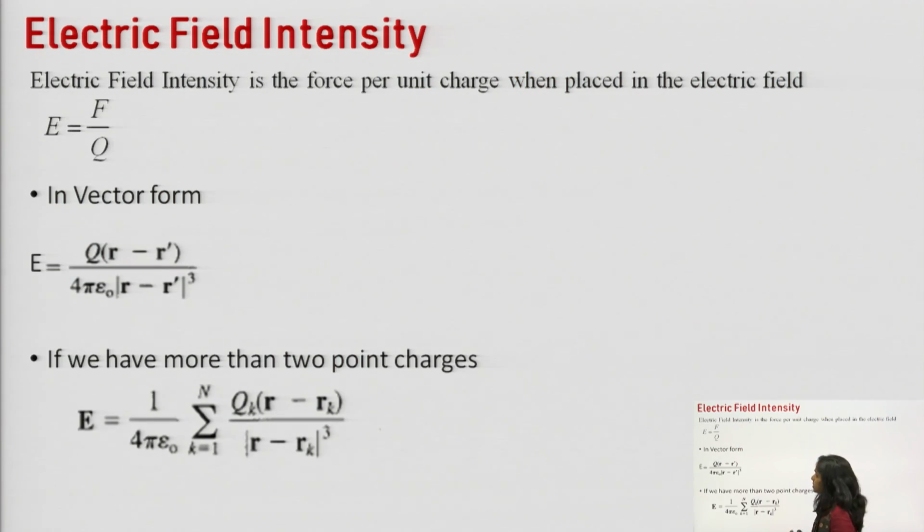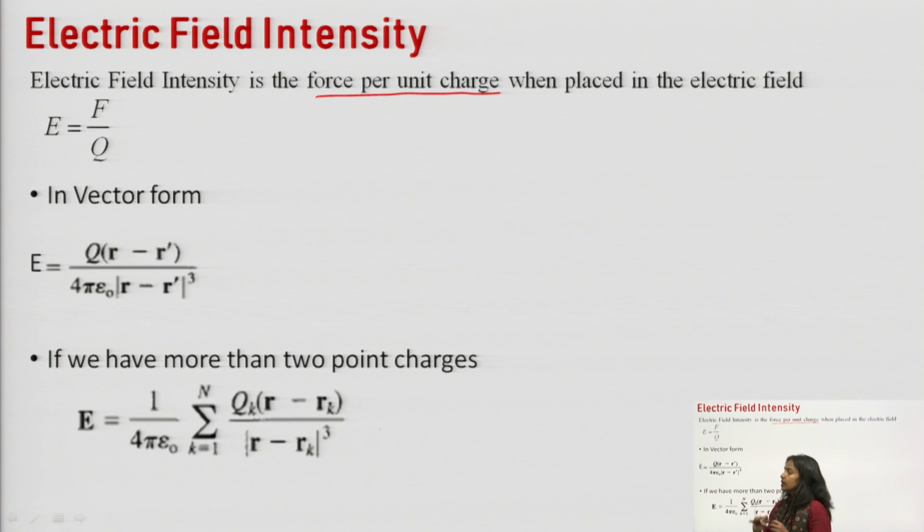Now once you have found the force, you can easily find the value of electric field. Electric field is nothing but the force per unit charge when placed in electric field.